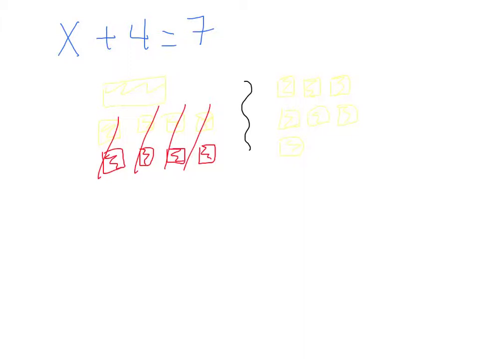However, what I do to one side of the equation, I have to do to the other. So since I added 4 negative tiles to that side, I need to add 4 negative tiles to this side of the equation.